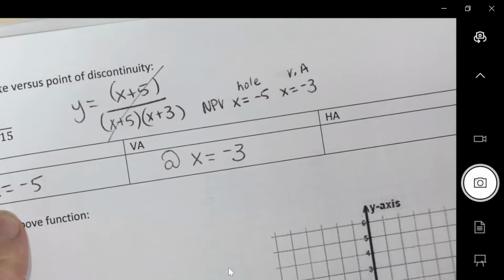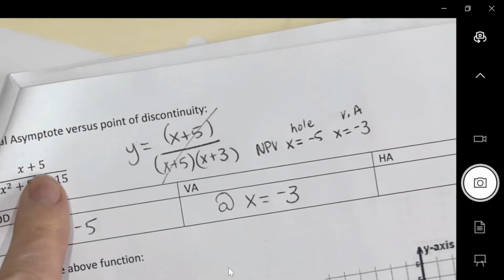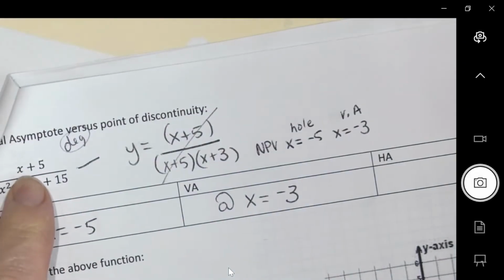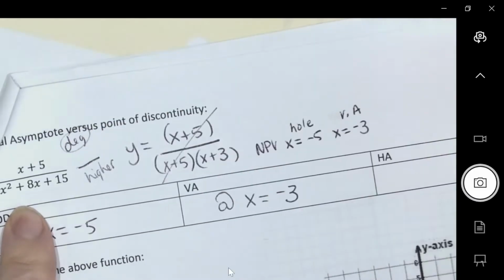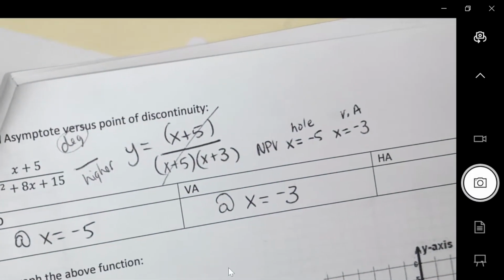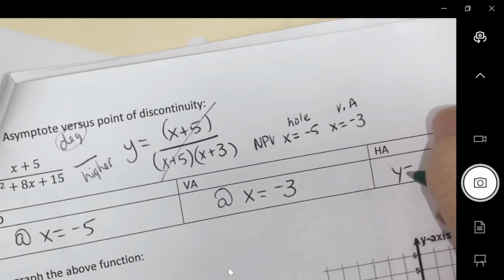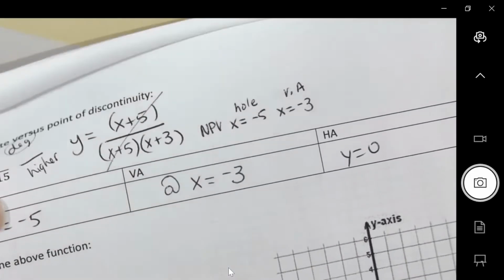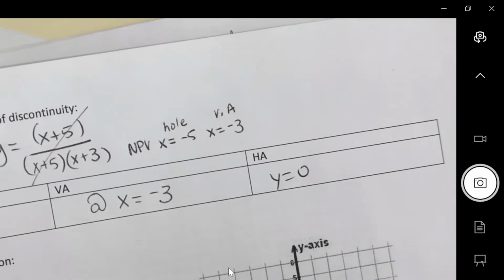Okay, let's talk about our second half. What's going on with the degrees? We have a first degree and a second degree. So it's higher on the bottom. We got more number on the bottom. So now what happens? Get closer to 0. Okay, so let's set some stuff up here.